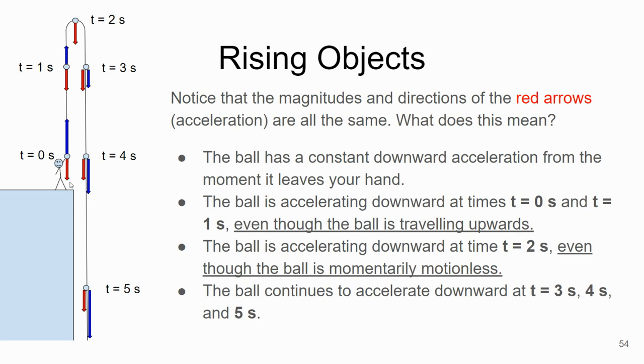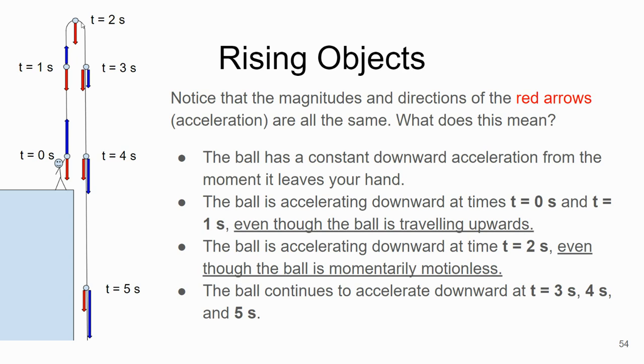This bothers many people when they first start learning this, that you can be moving in one direction and accelerating in the opposite direction. It's a little weird to think about until you really think deeply about how motion works, but it's completely true. So the ball is moving up at t equals 0 seconds, but it's accelerating down. At 1 second, it's still moving up, but it's still accelerating down. And then notice at t equals 2 seconds, no blue arrow, no velocity.